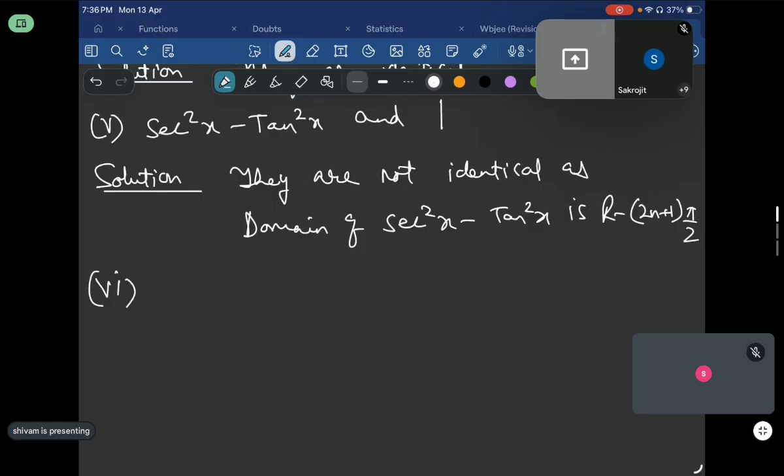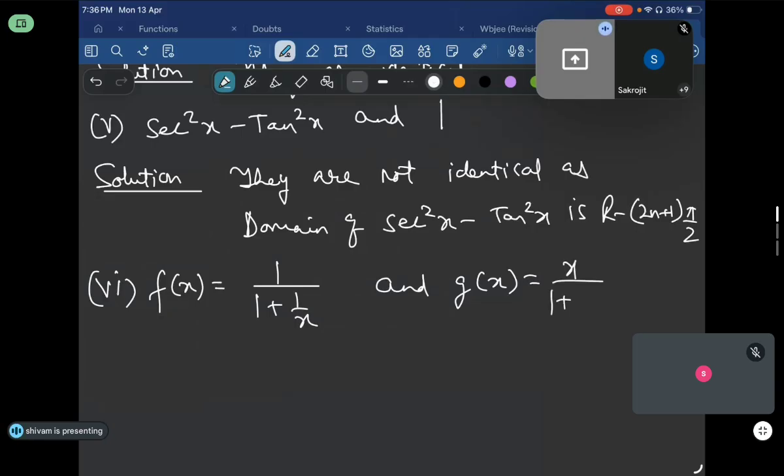Part 6. f of x is equal to 1 upon 1 plus 1 by x, and g of x is equal to x upon 1 plus x. Are they identical or not?